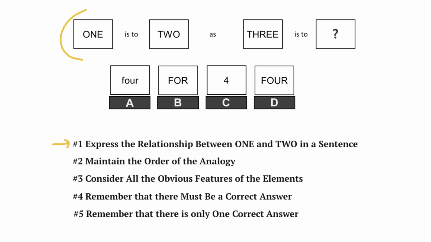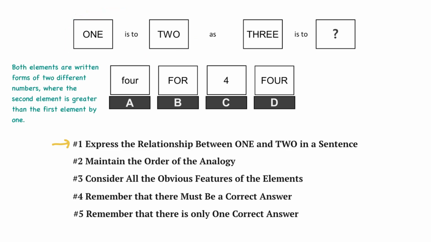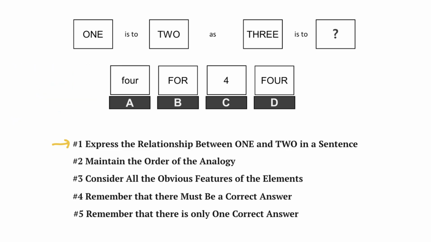So if we consider our revealed pair here in this example, we could say something like, both elements are written forms of two different numbers where the second element is greater than the first element by 1. Now, there's a bunch of different ways that you could write the analogy, even multiple correct ways. But there is only one correct analogy.